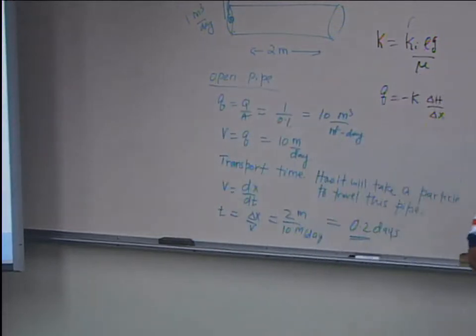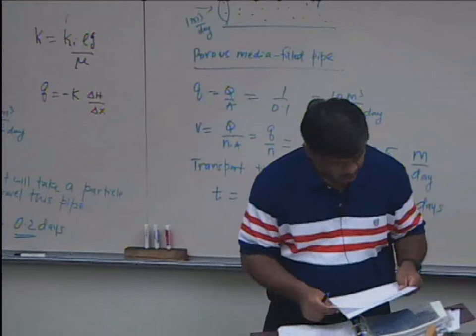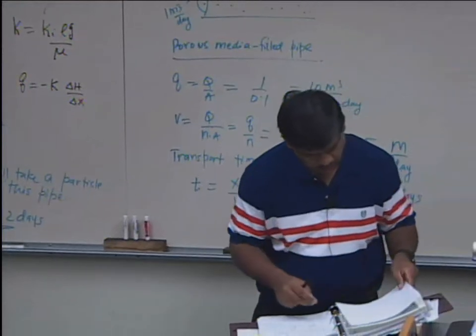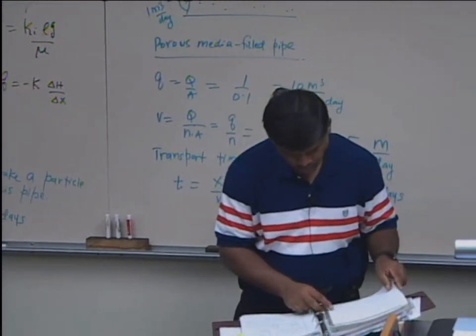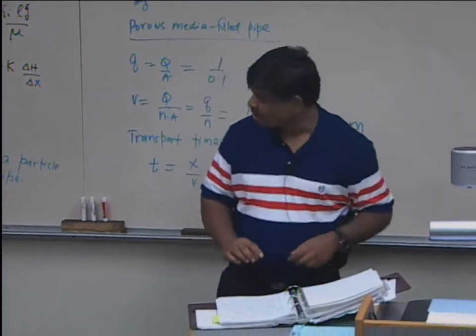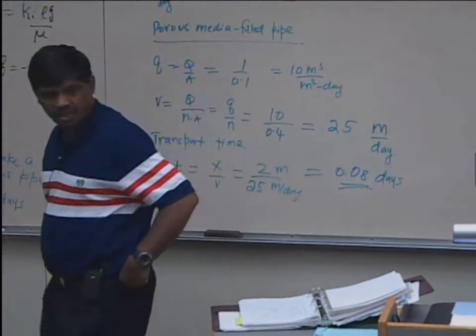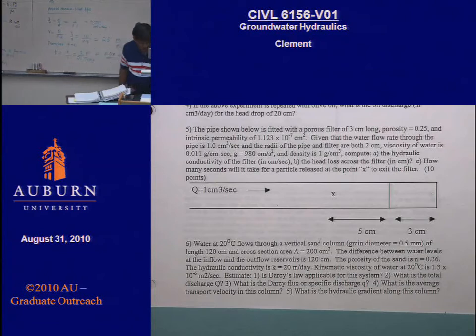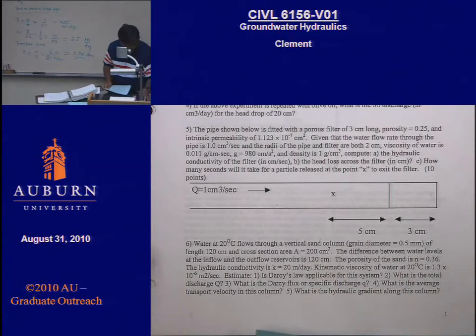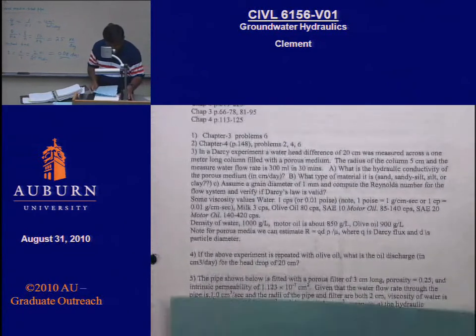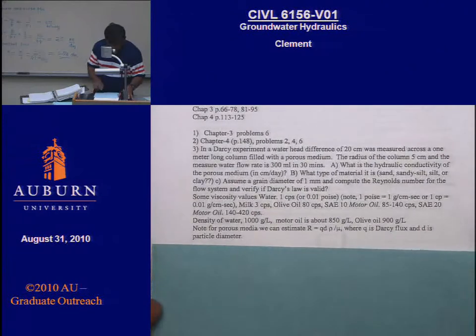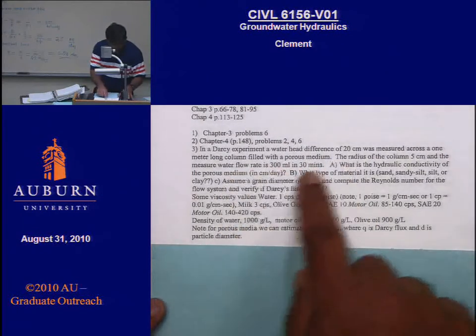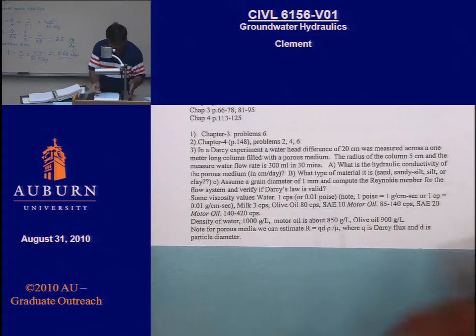Okay. So let's do one more. Oh yeah, before we do, is that clear? Is that problem manageable? Okay, so that's pretty straightforward. It's actually a very simple set of homework problems. Number 3 is the same thing.